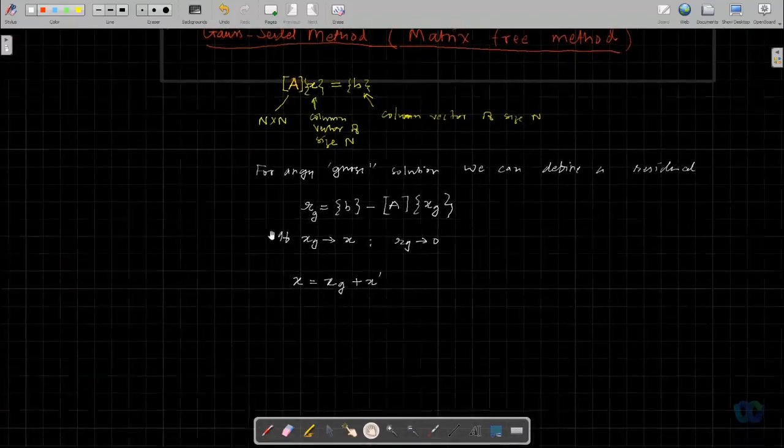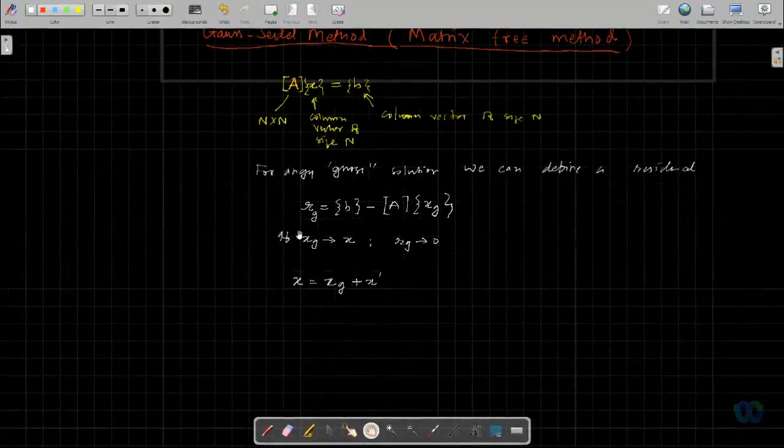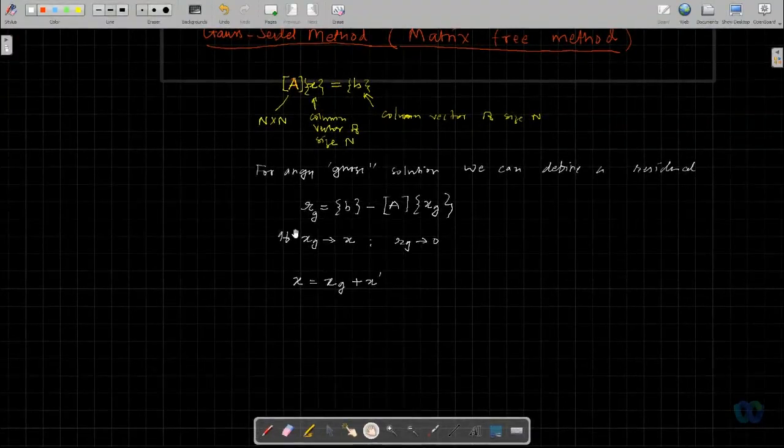So what differences do we see in the iterative methods, and how are they different? To see that, we substitute this x into our previous matrix equation, and we can write xg plus x prime is equal to b.